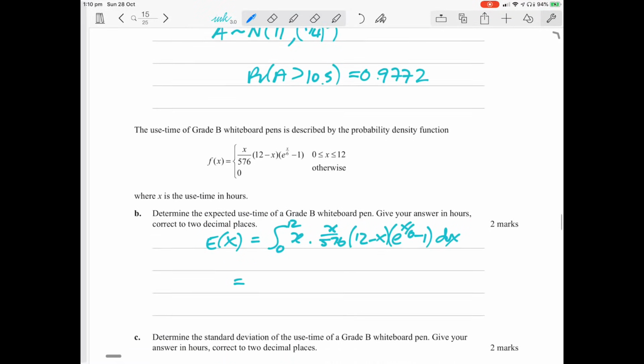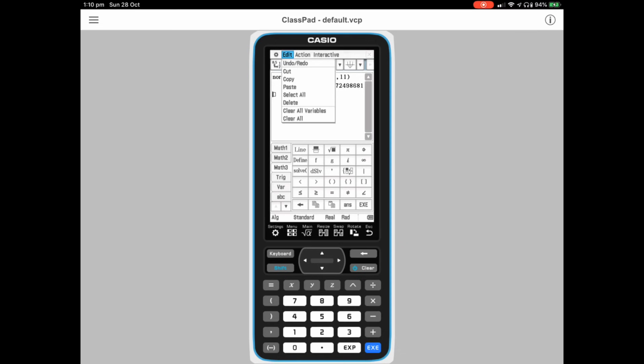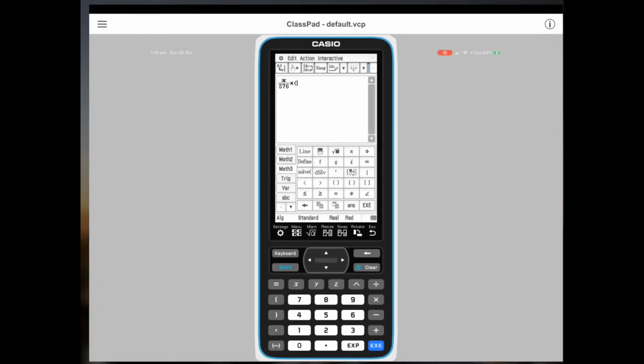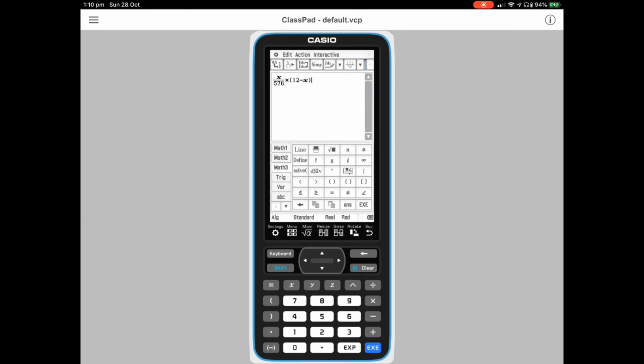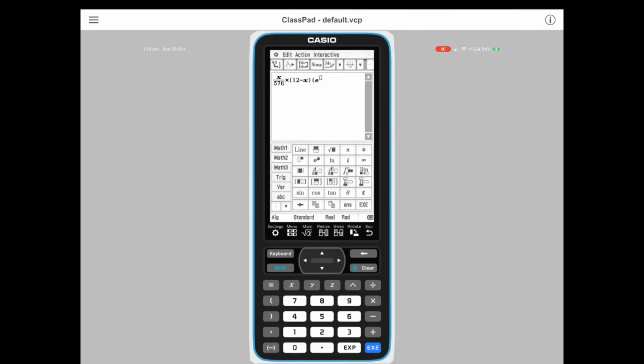Of course. Okay, I'm going to define that, f of x. So x on 576 times bracket 12 minus x, e to the x on 6 minus 1.